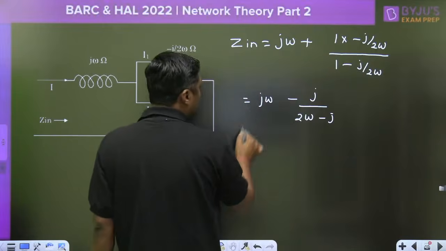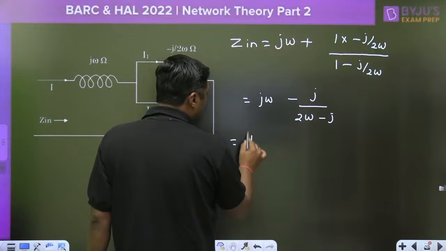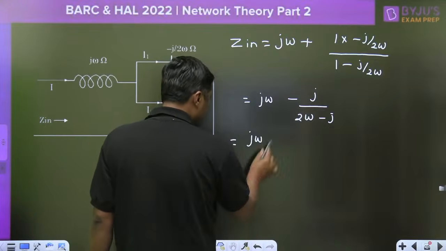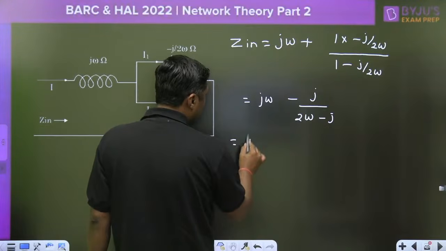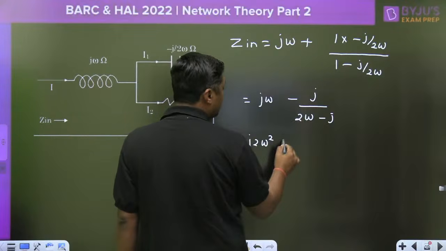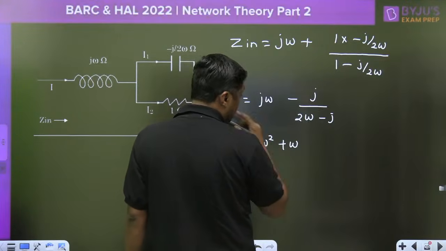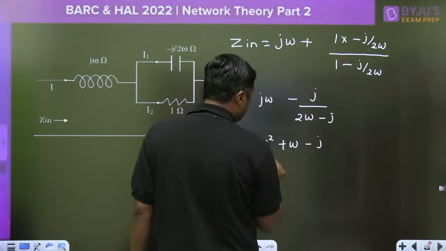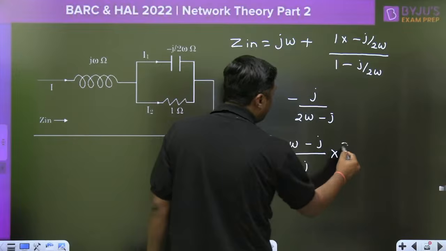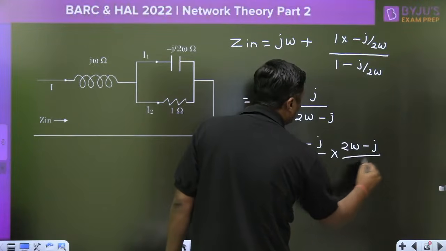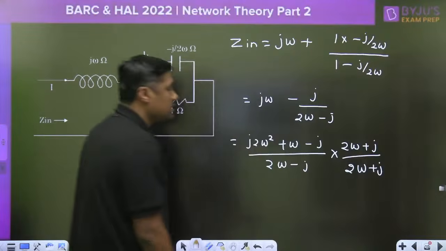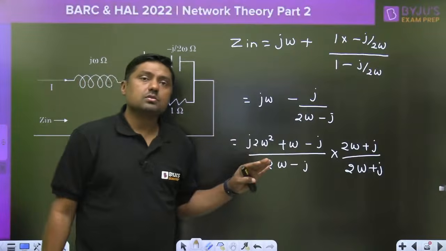Now multiply it: j omega times (2 omega minus j), which gives 2j omega squared plus omega, then minus j divided by 2 omega minus j. Multiply by 2 omega plus j upon 2 omega plus j.